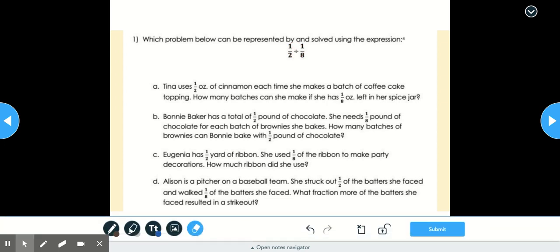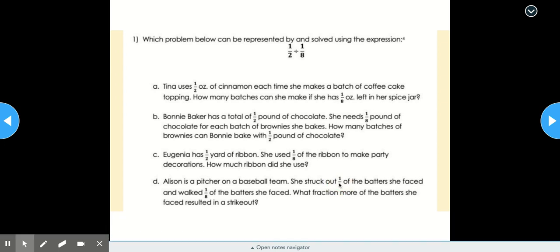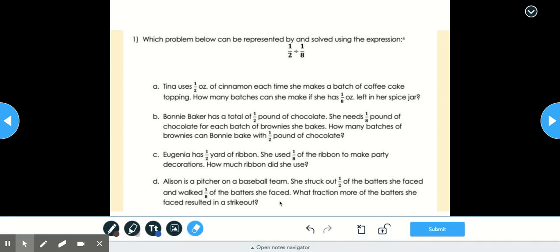Finally, it says Allison is a pitcher on the baseball team. She struck out half of the batters she faced and walked 1/8 of the batters she faced. What fraction more of the batters she faced resulted in a strikeout? Well, if it's asking me what fraction more of the batters she faced resulted in a strikeout, that is not asking me to take a total and divide it by either a group size or a number of groups.